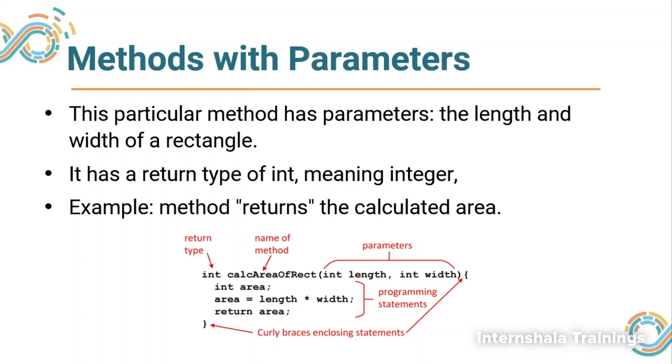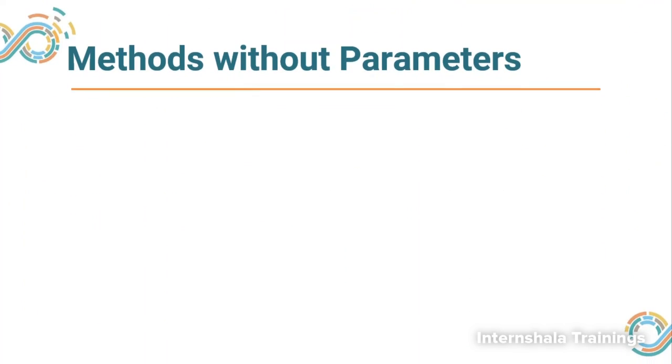Then my programming statement says define a new integer called area, and area is length multiplied by width, and return area. That's it. So this set of statements is what we call a method, and in this method I am taking some input parameters.